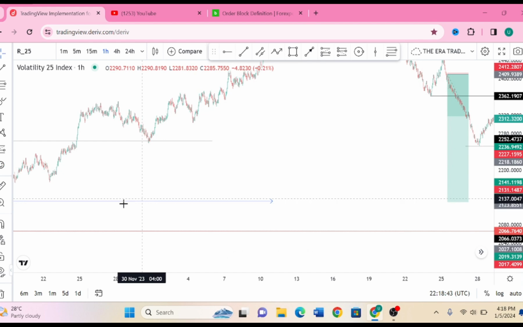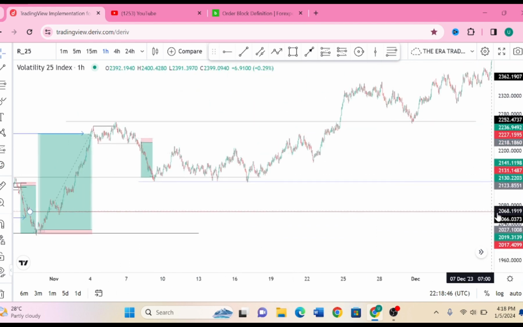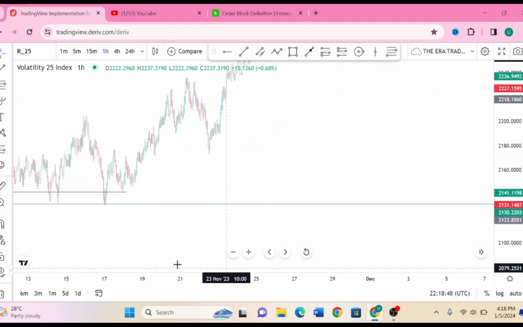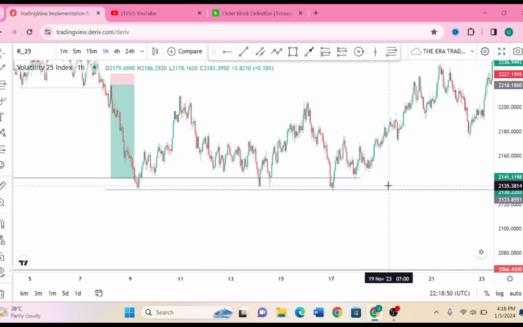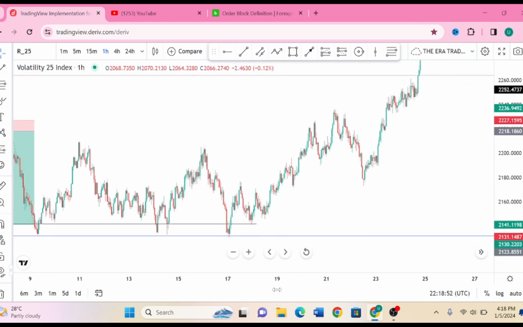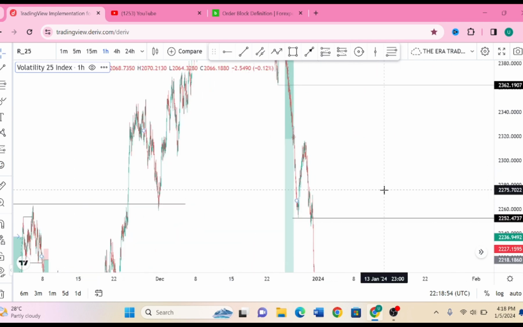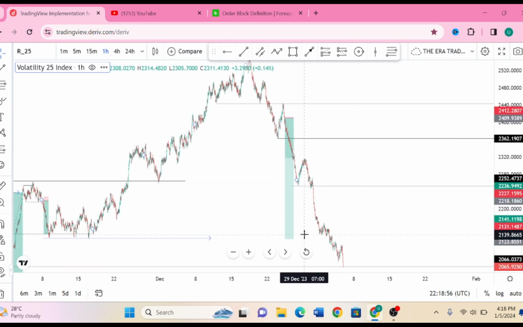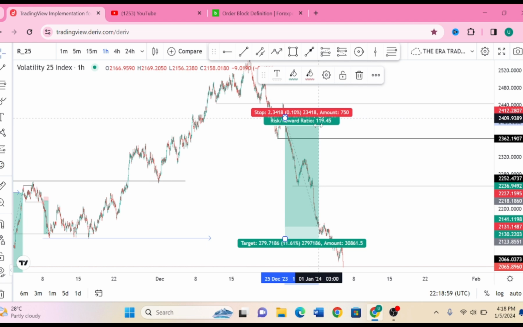You can see that this was the double bottom I saw that made me hold this trade for this long, risking only that small amount to help me hold this trade for this long.